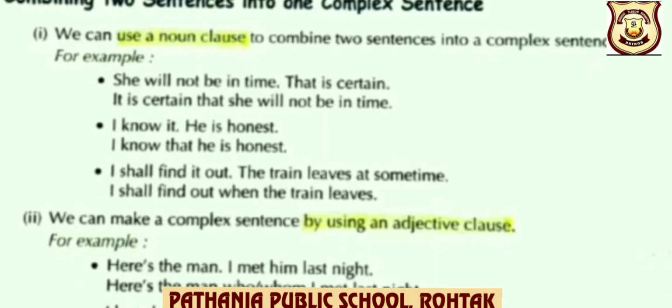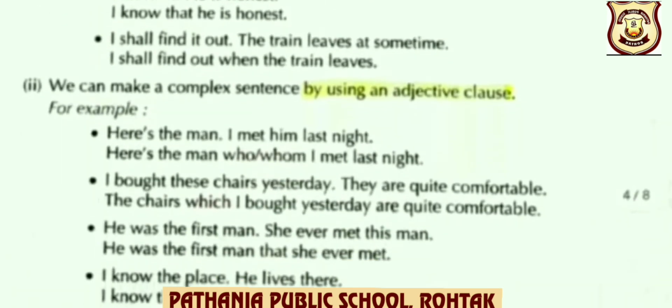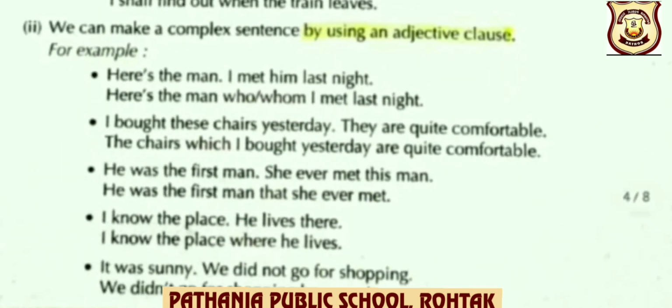Now let us learn how to make a complex sentence by using an adjective clause. Here's the man. I met him last night. Here's the man. We can use both the options of subordinating conjunction in this case, who or whom, I met last night.